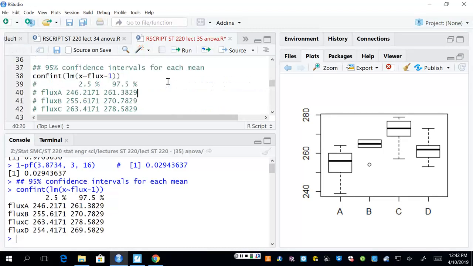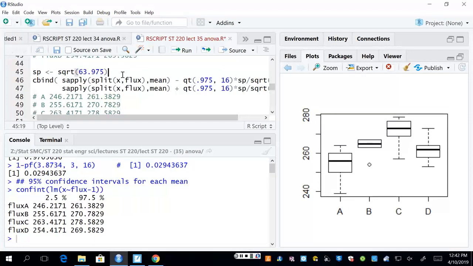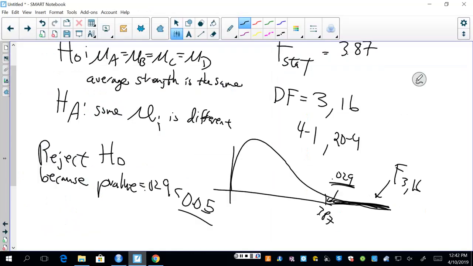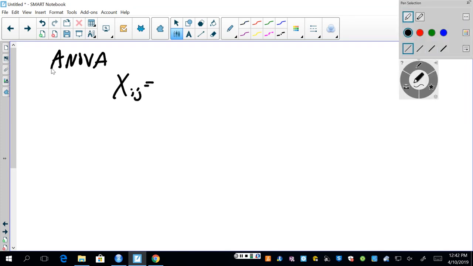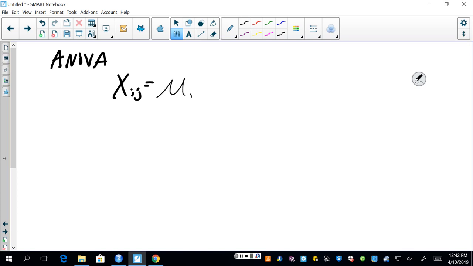But if you wanted to see how those intervals are made, in the ANOVA models, there's this common variance, right? This ANOVA model, this linear model, says that the x's in the group are equal to their means plus some error terms.